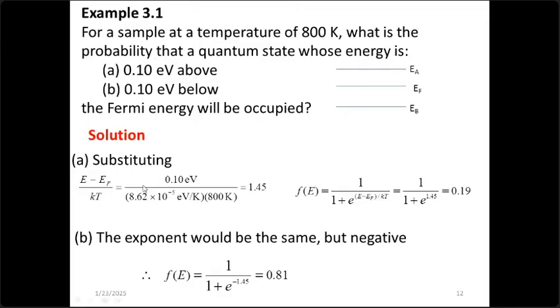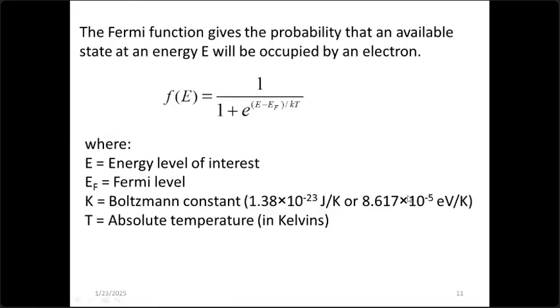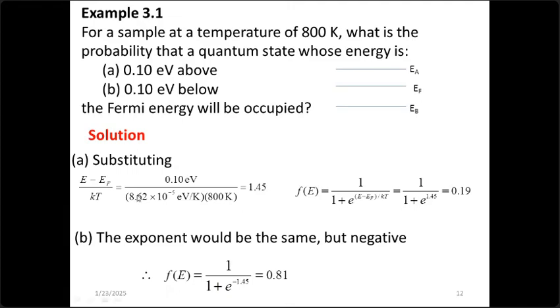We can now simplify this Fermi-Dirac distribution function by first determining the power of e. The power of e is E minus EF divided by kT. Are we given E minus EF? Yes, this one above, it is 0.10.